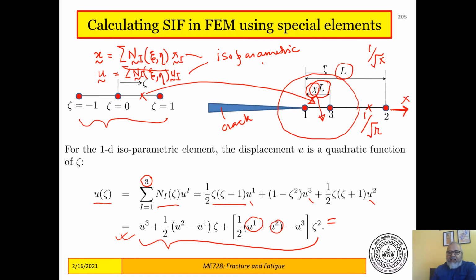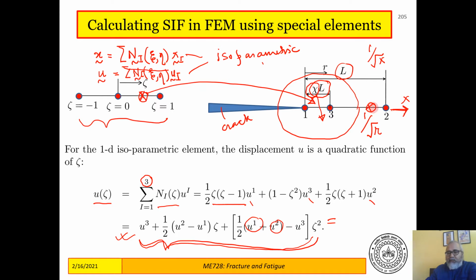Since it's an isoparametric element and the displacement at any point zeta is a quadratic function of zeta, if you are at this point, you have a value of zeta, and this point maps to this point in the isoparametric formulation.